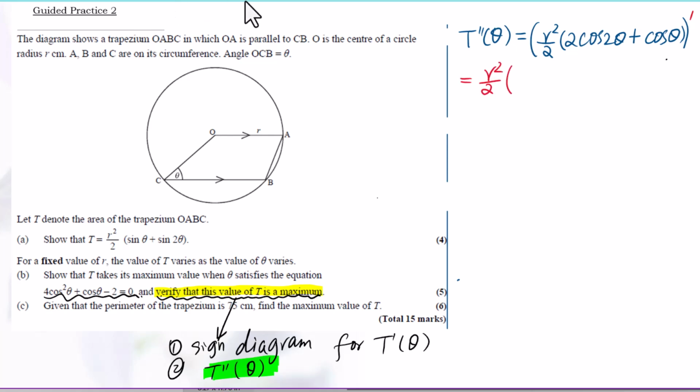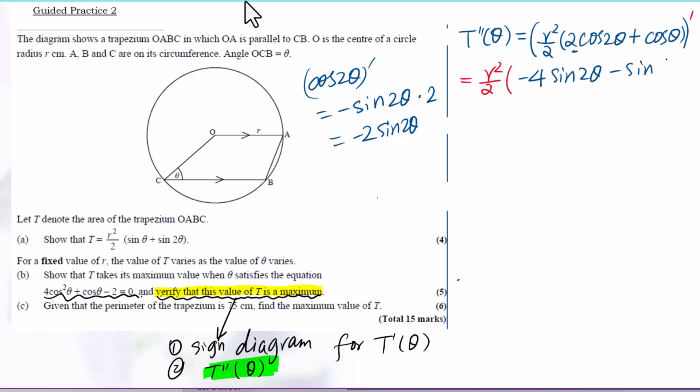The derivative of cosine 2 theta equals negative sine 2 theta times the derivative of 2 theta, by the chain rule, which is 2. So we get negative 2 sine 2 theta. With the coefficient 2, we get negative 4 sine 2 theta minus sine theta.